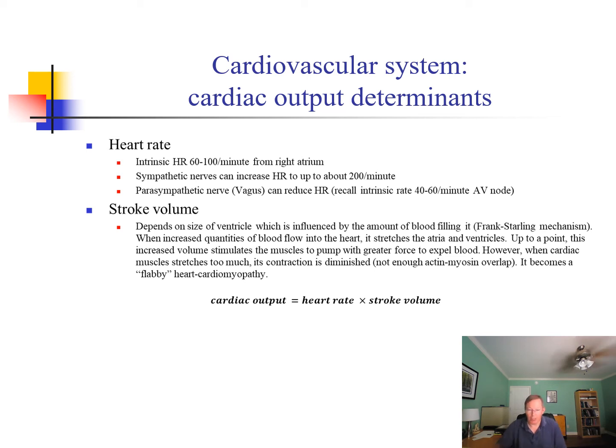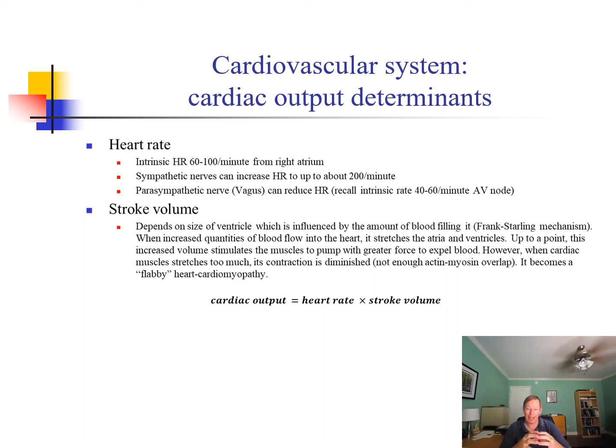And this is an important concept put forth by what's called the Frank-Starling mechanism. Sometimes from moment to moment, I need to expand out my atria and my ventricles. I need to fill up more because I may have a little bit more fluid that's coming back or a little bit less.